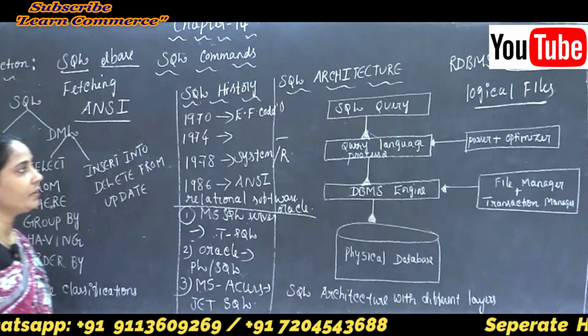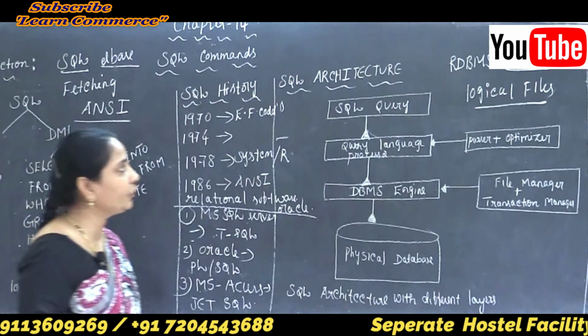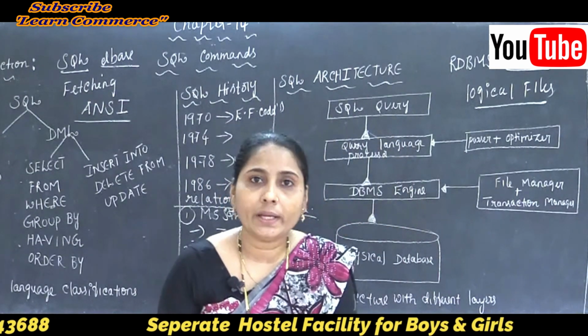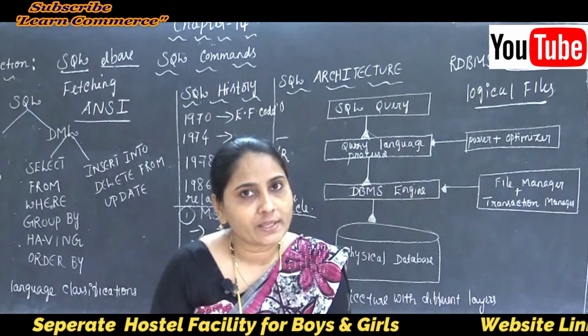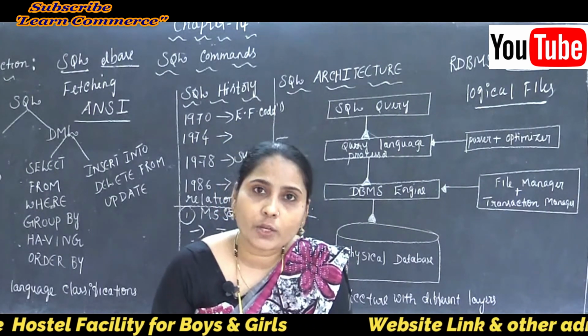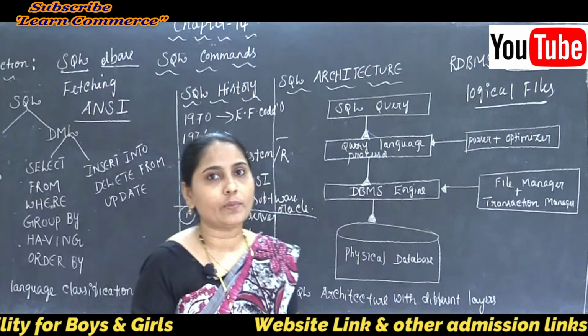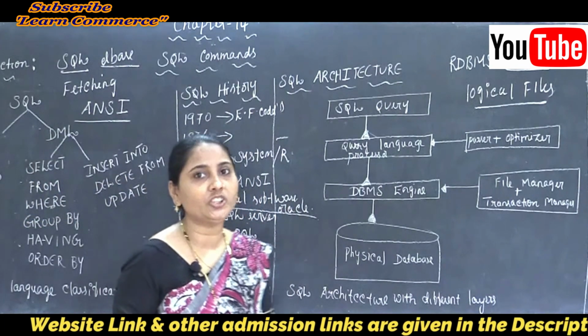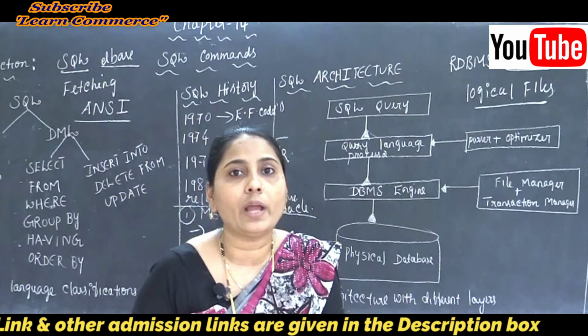Because we know that some components we need to use in our SQL architecture are the query dispatcher, the optimization engine, the classic query engine as well as the SQL query engine. We know that because the classic query engine handles all non-SQL queries.